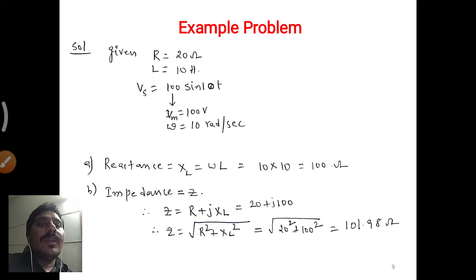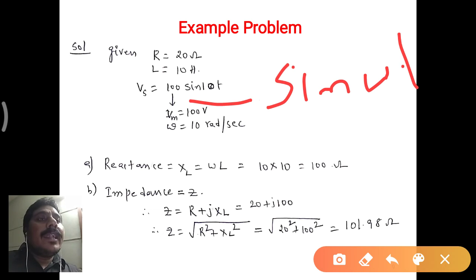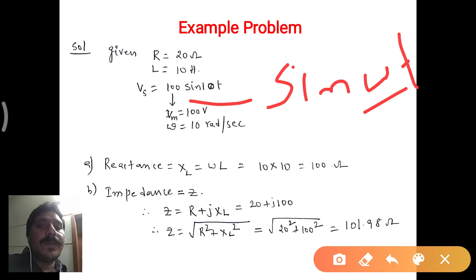So omega t is 10 radians per second, meaning in sin omega t, the value of omega is 10. So we take omega as 10 radians per second.